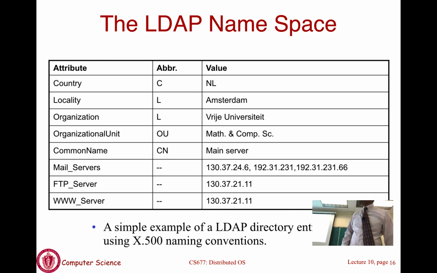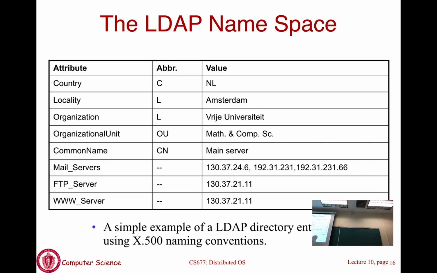Here's an example of how you might take information that is DNS-like and map it into an LDAP space. This is just to show you this is also hierarchical. The top level attribute is a country attribute in an LDAP naming schema. Then you have a locality, which is the city. Then there's organization, which is the name of the university.